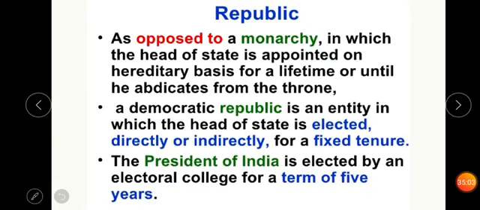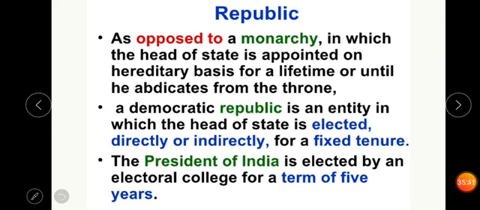Next, the term which I am going to describe here is republic. A republic is as opposed to a monarchy, in which the head of the state is appointed on a hereditary basis for a lifetime or until he abdicates from the throne.